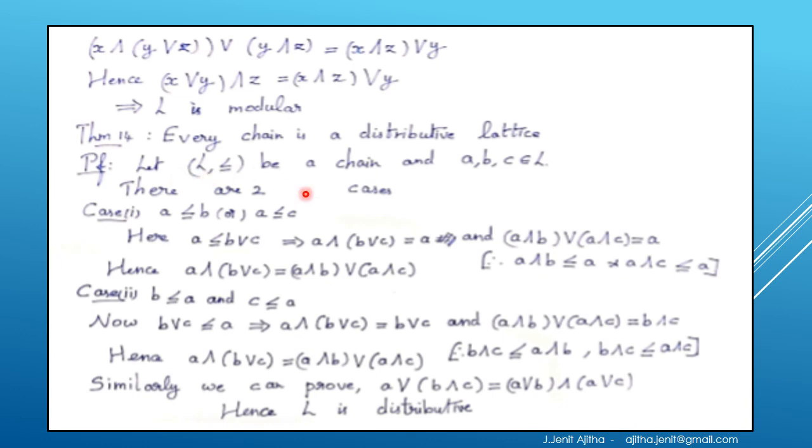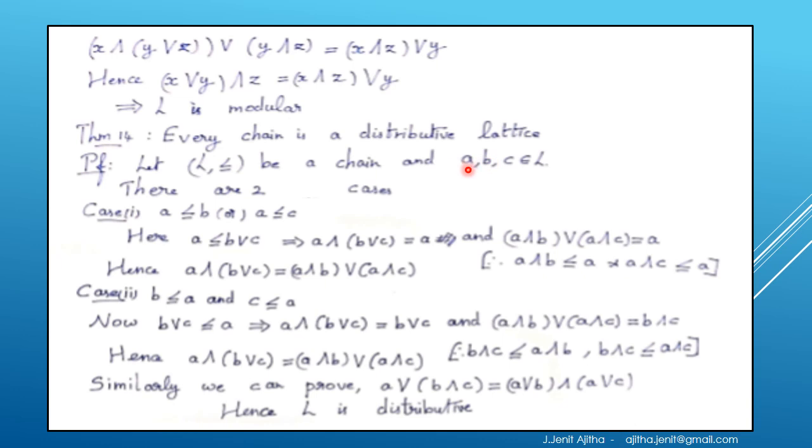So now we'll take a chain L and we choose three elements A, B and C, and here there are two cases. First case, A is less than or equal to B and A is less than or equal to C. So this is a chain, no?